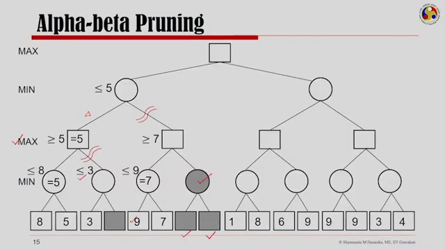Now, once we have that value and this right side of the subtree is not there, we can back up this value here as 5, and once that value is 5, the max node has a value here which is greater than or equal to 5. Now, let us focus our attention on the right subtree.